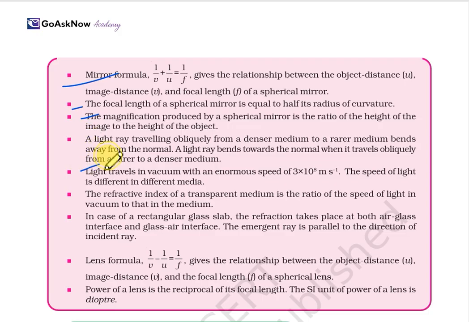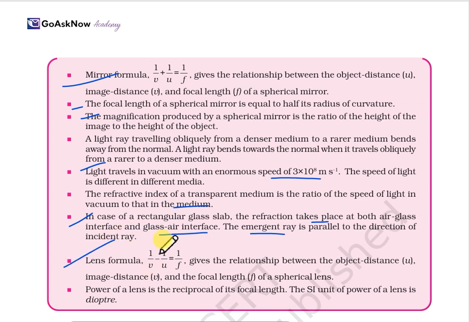We have studied that light travels in vacuum with an enormous speed of 3 into 10 raised to the power 8 meter per second. The speed of light is different in different media. The refractive index of a transparent medium is the ratio of the speed of light in vacuum to the speed in the medium. In the case of a rectangular glass slab, refraction takes place at both the air and glass interfaces, and the emergent ray is parallel to the direction of the incident ray.